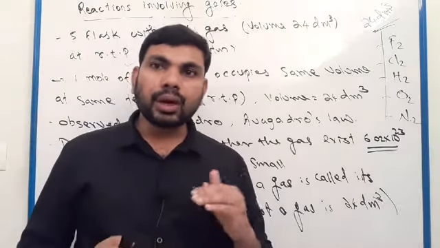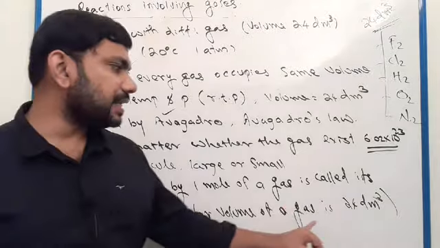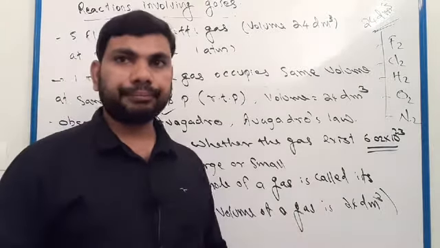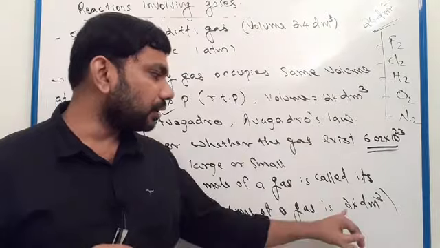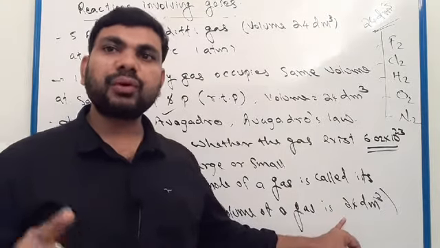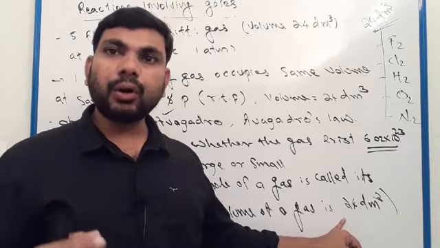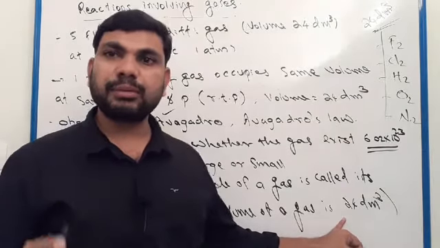So the molar volume of a gas is 24 decimeter cube. 1 mole of gas means 24 decimeter cube. 2 moles of gas means 2 times 24 decimeter cube. 3 moles of oxygen gas means its volume is 3 times 24 decimeter cube.